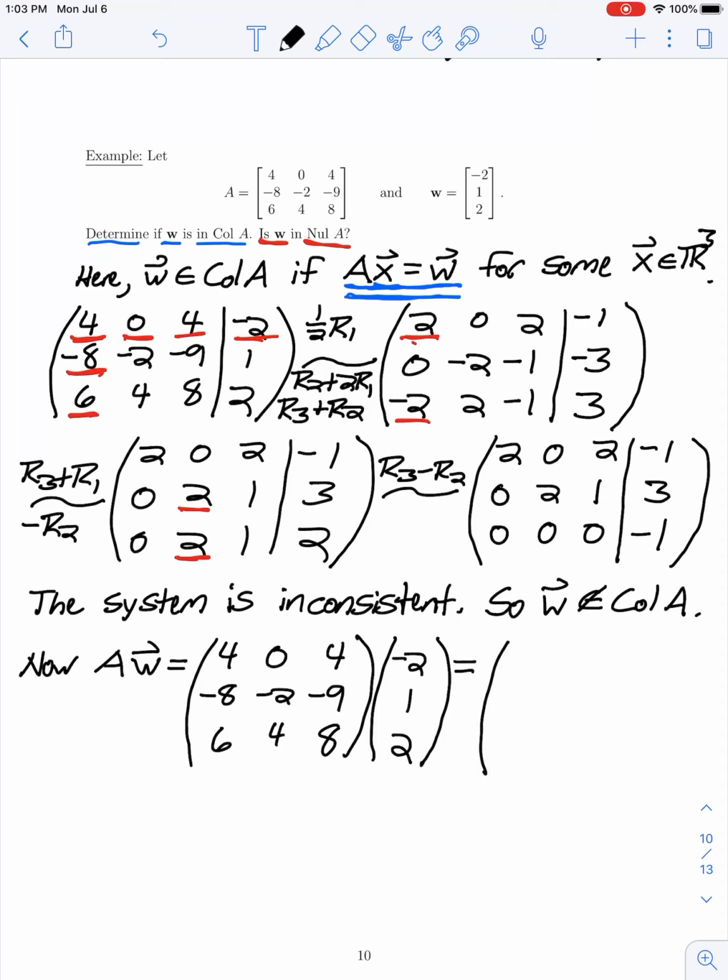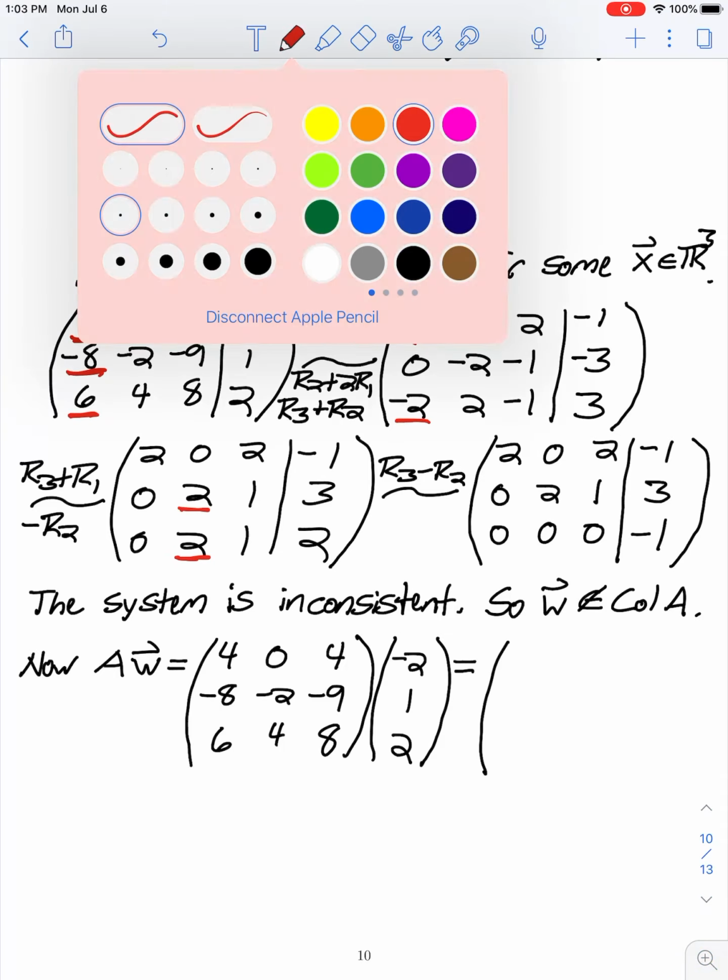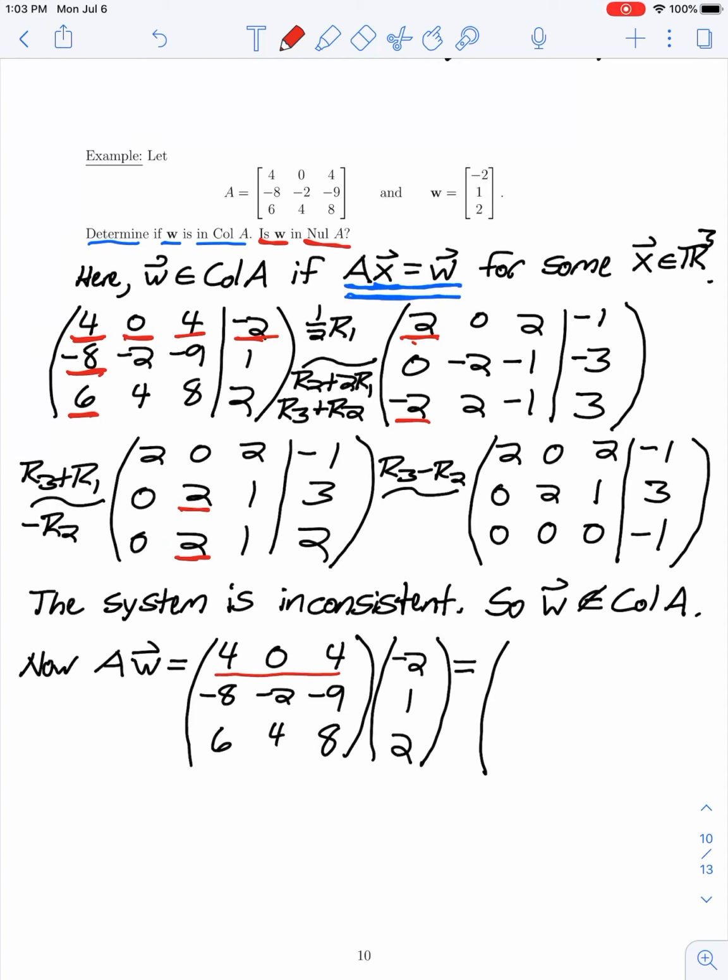So we get back a 3 by 1 column vector, where for our first entry, we have the dot product of our first row of A and the column vector w. So we have negative 8 plus 0 plus 8 gives us 0.